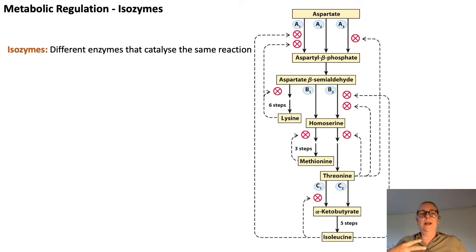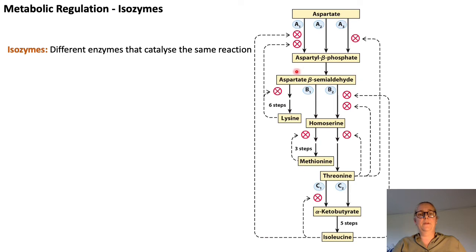If we consider how metabolic regulation occurs, isozymes are different types of enzymes that actually catalyze the same reaction. So aspartate can be catalyzed by 3 different types of isoenzymes, which we denote here as A1, A2, and A3.